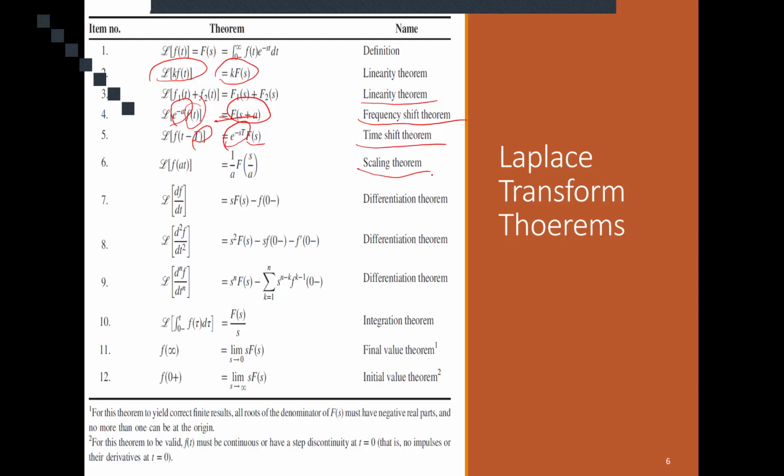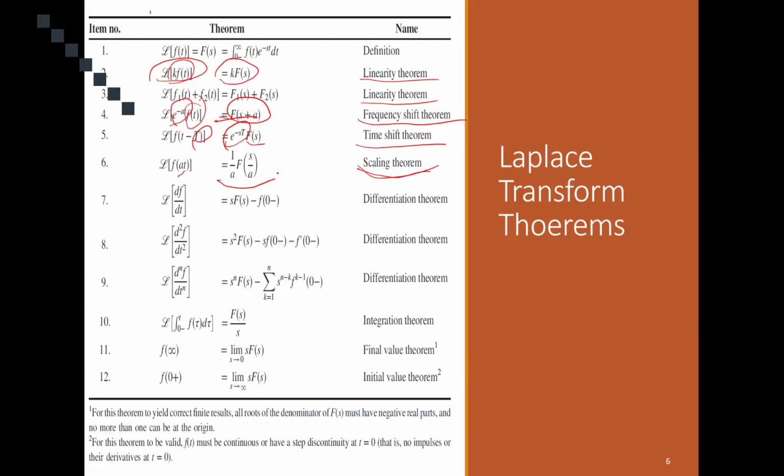Okay? Now, we have the scaling theorem. It is different from linearity. In linearity, k is multiplied by the whole function. The scaling theorem is actually changing the scale of time. So, if you have f(a t), so you're scaling the time, then your Laplace transform would be 1 over a times F(s over a).